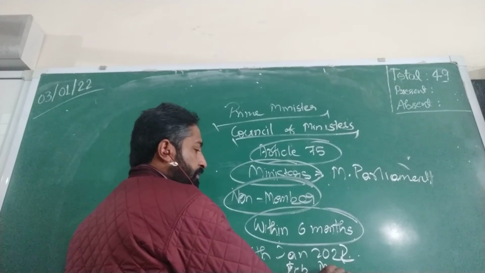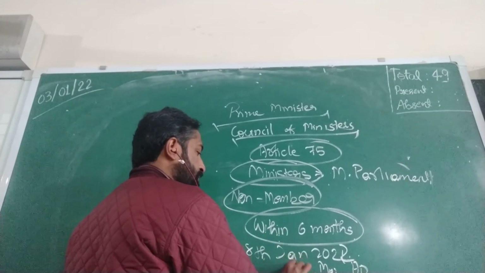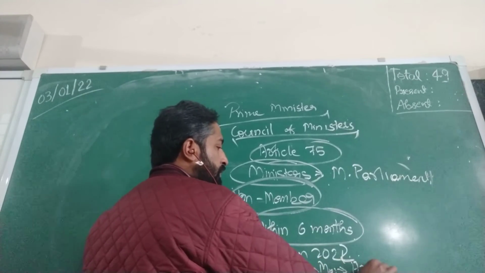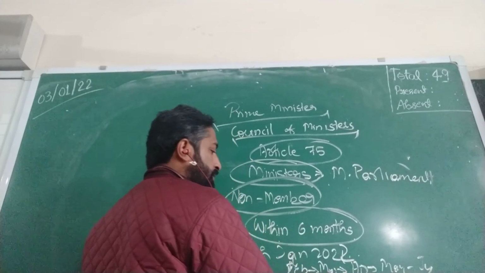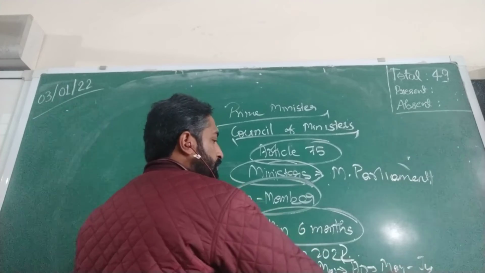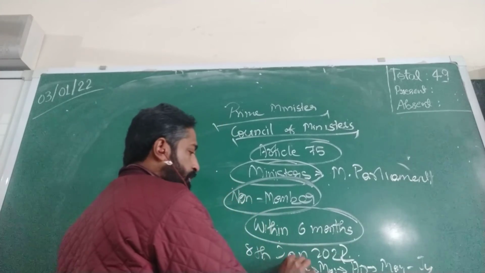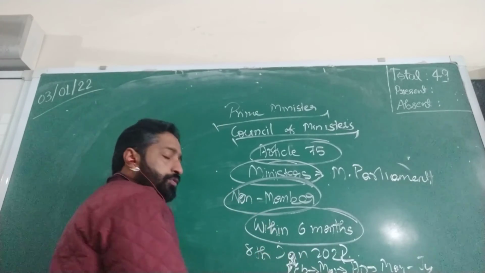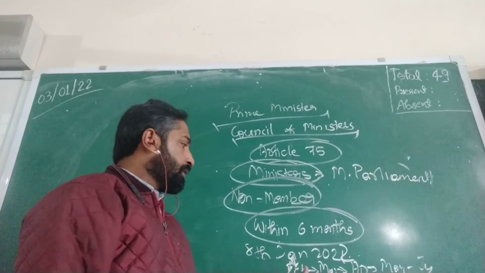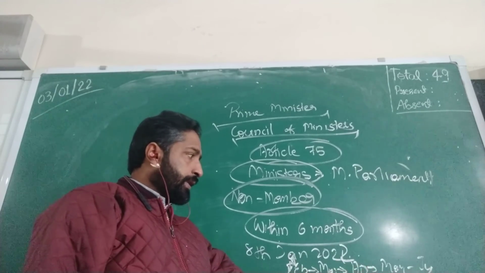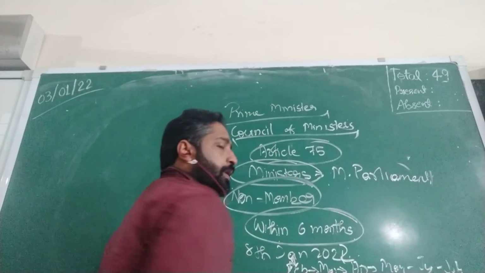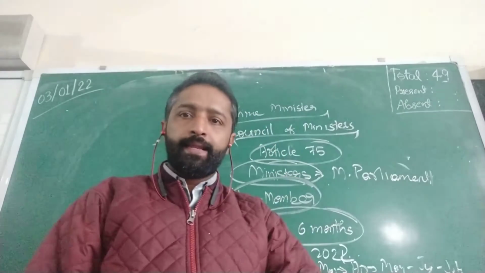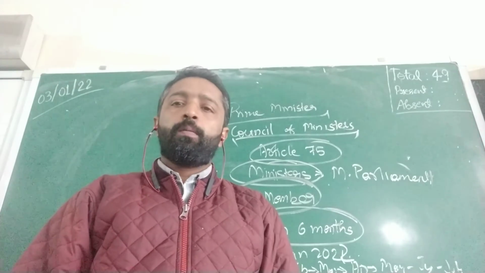March, April, May, June, July. Within 6 months, that particular person has to be either elected or nominated to the Parliament.